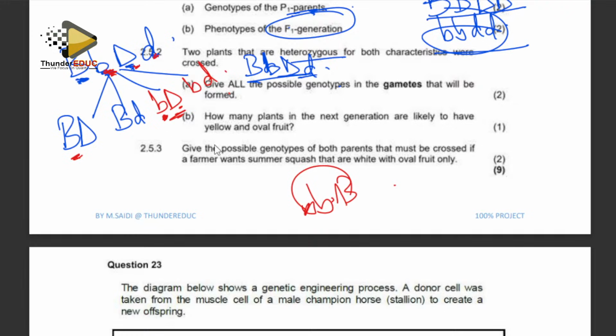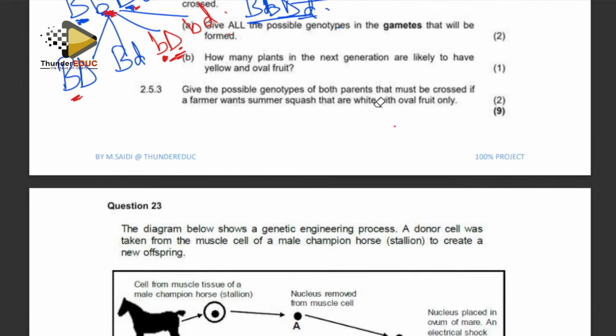All right. They're saying that both parents are crossed. Now they're asking a question. Remember, in a dihybrid, we don't ask you to do these genetic crosses.